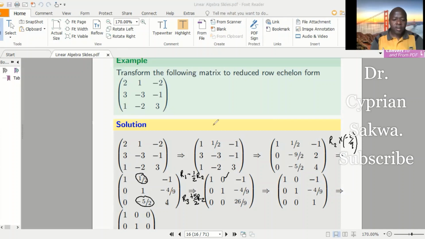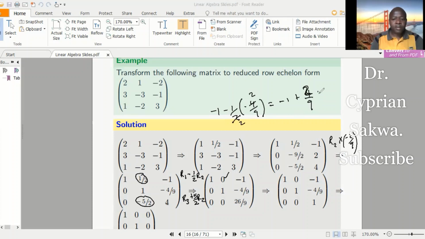And then negative 1 minus a half of negative 4 over 9. This is the same as negative 1 plus 2 out of 9.